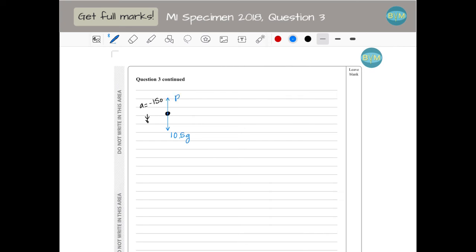So resistance force. If we apply sum of forces, or resultant force is mass times acceleration, we have that 10.5 g minus R, because they are moving downwards. So I'm going to write first this one. It's going to be mass, which is 10.5 kilograms, times acceleration. This is 1 mark.